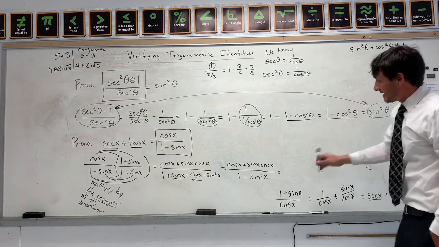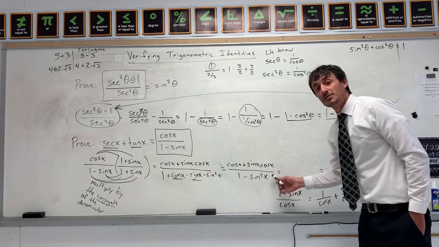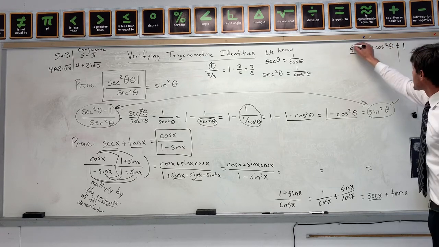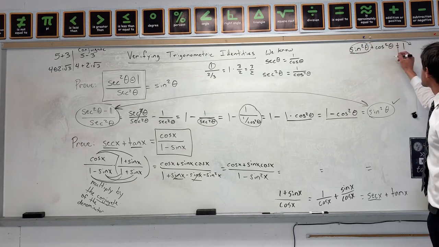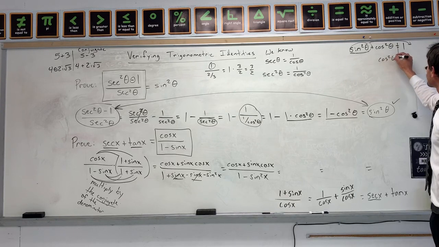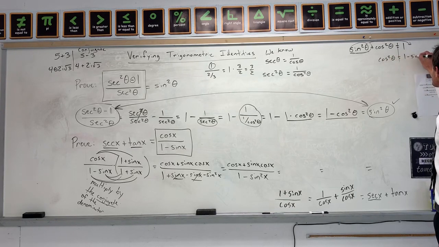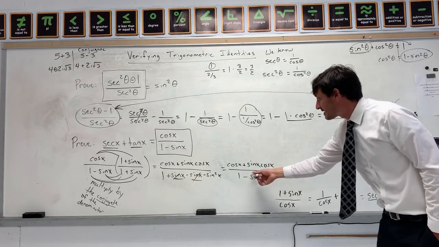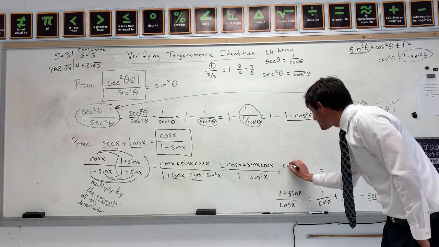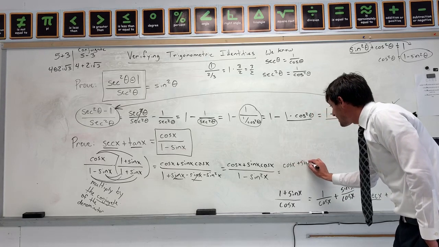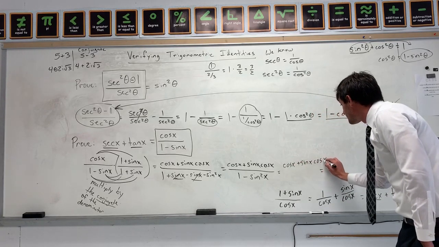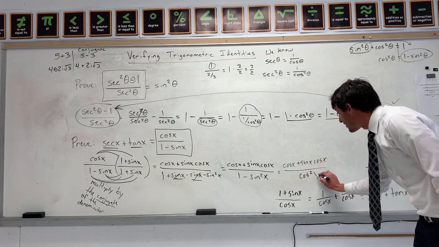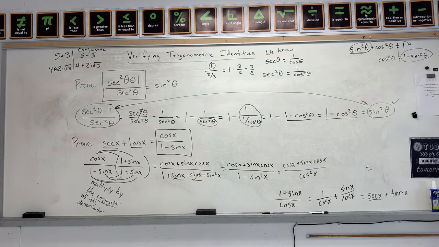You can take the 1 minus sine squared and convert it to a cosine squared, because we know this to be true, you can take the sine squared and move it to the other side, giving us cosine squared of theta is equal to 1 minus sine squared of theta. So we see that 1 minus sine squared of theta is cosine squared, so now we're going to take this and move it forward. We're going to have cosine of x plus sine x cosine of x over cosine squared of x. And we're very, very close now.